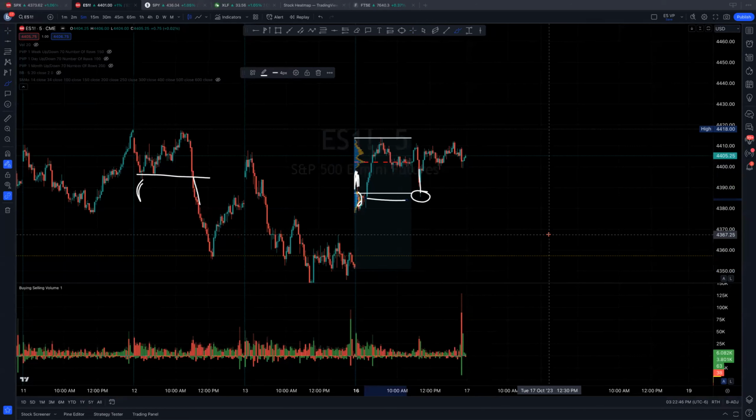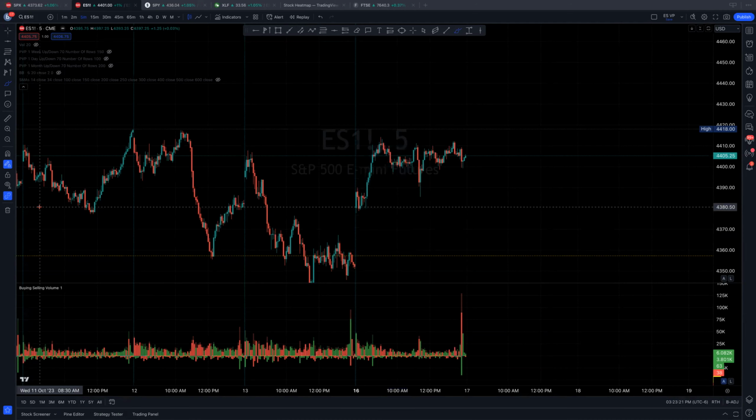Yeah, it's kind of like a gap, but price tends to just flush through it. It's a gap in the amount of trading happening. Any other questions? So if we don't have any other questions, I guess we're gonna call it a day, guys.